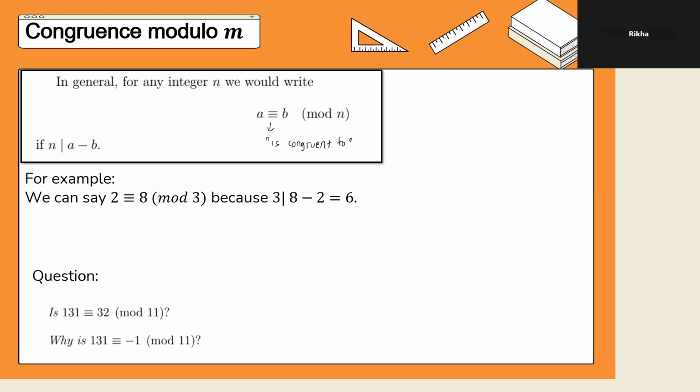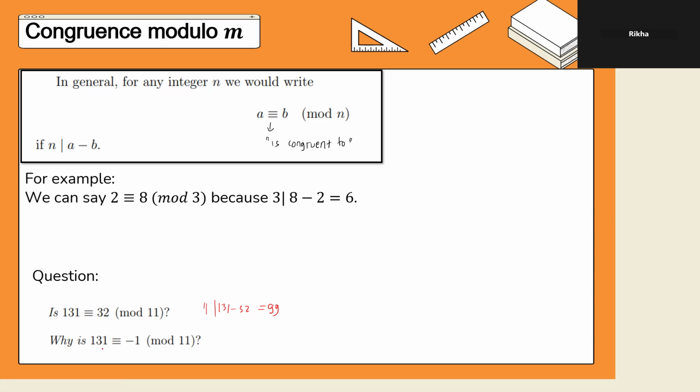Why? Because 131 minus 32 is 99, and that can be divided by 11. So 11 can divide the difference between 131 and 32. So it means that they belong to the same class of partition modulo 11.